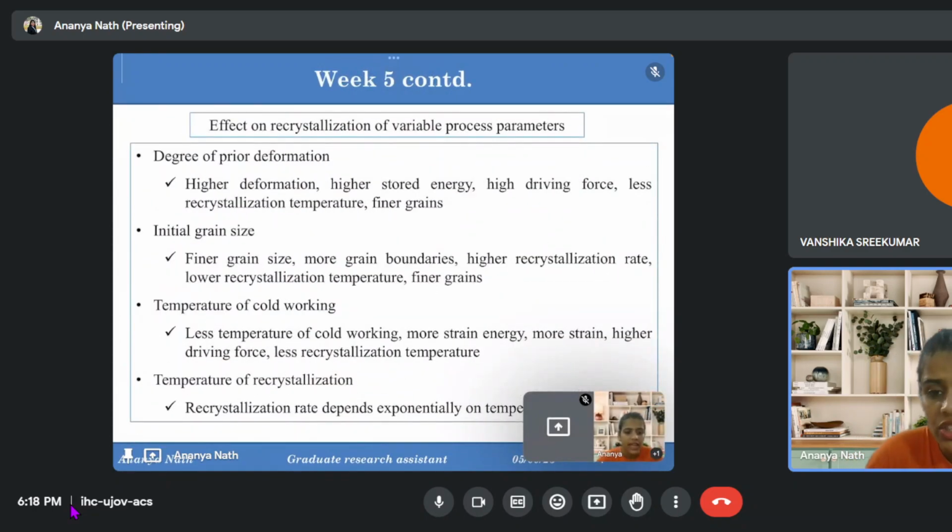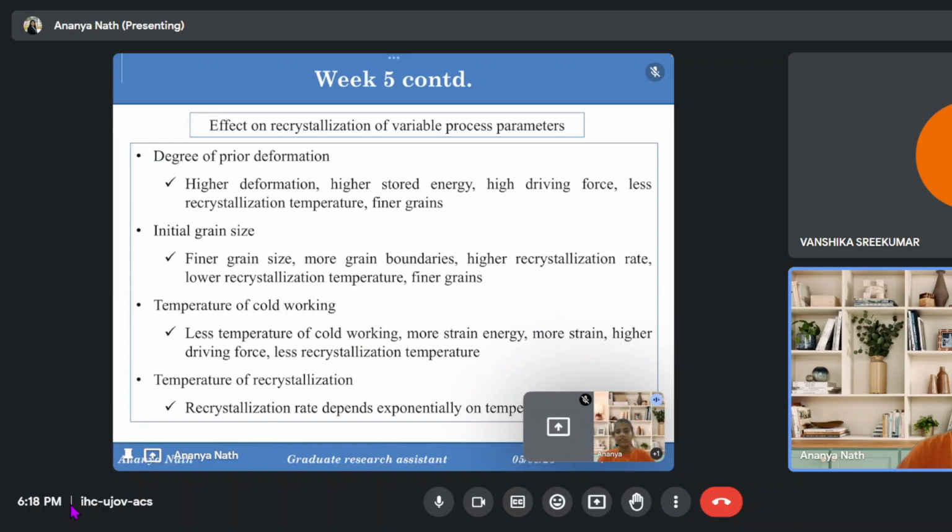If the grains are smaller in size, the number of grain boundaries is more. In that case there is a higher recrystallization rate and a lower recrystallization temperature, and the grain will be finer.